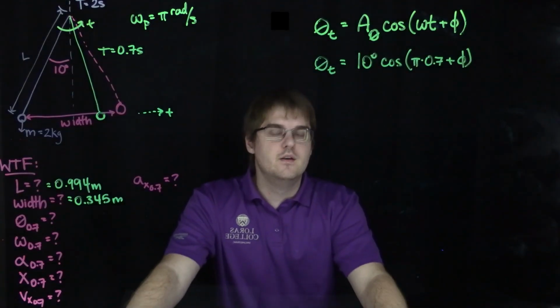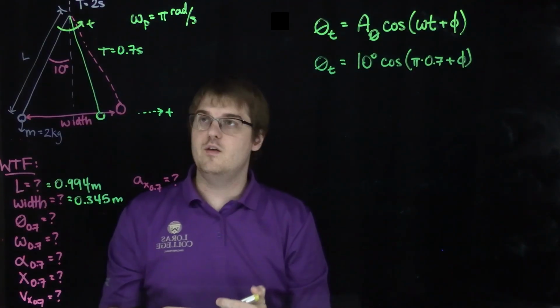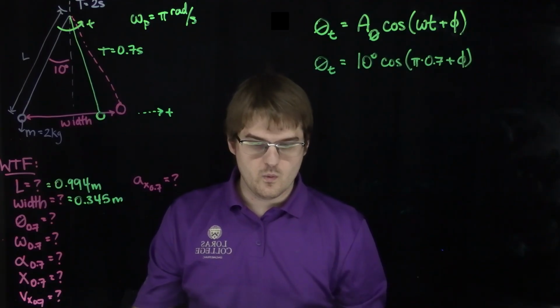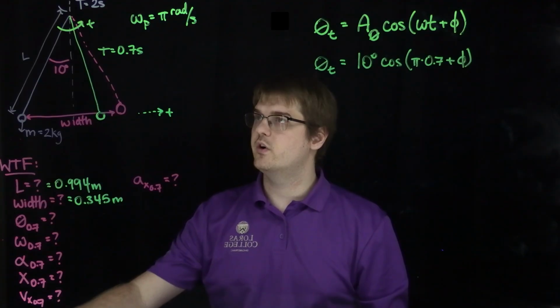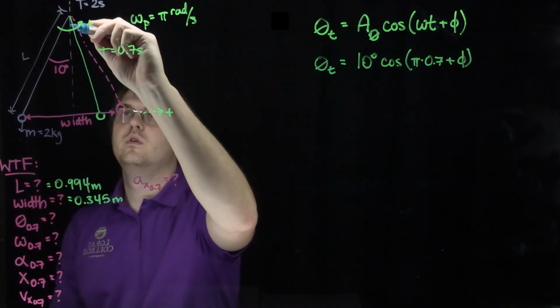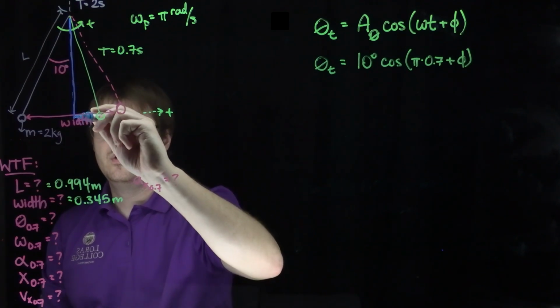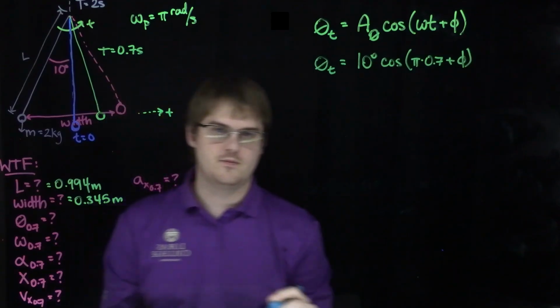Okay, this phi thing here. In our problem, we have been told that at time 0, we are vertical. So at time 0, our pendulum looks like this. This is time equals 0.